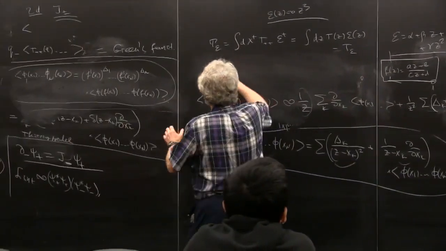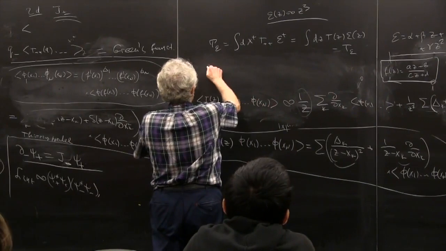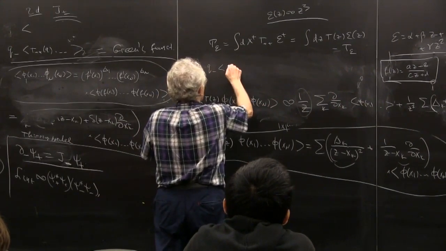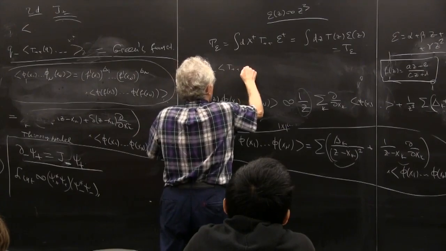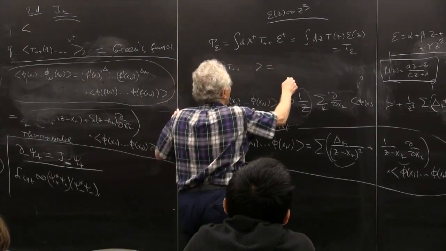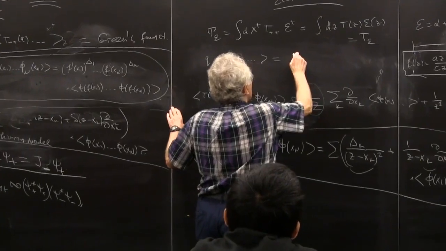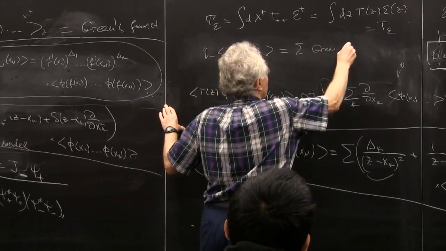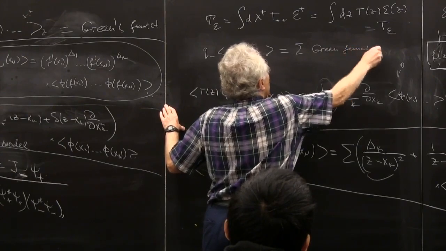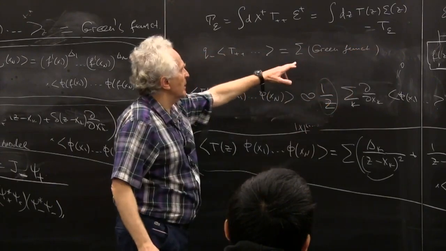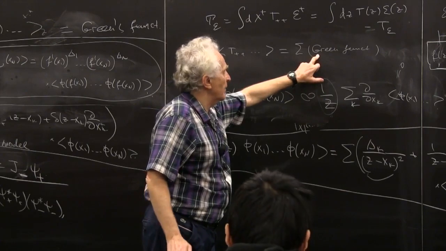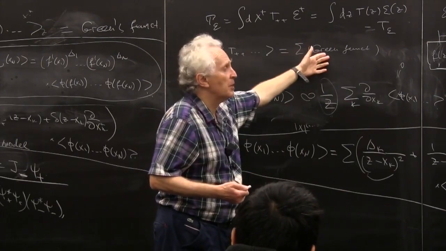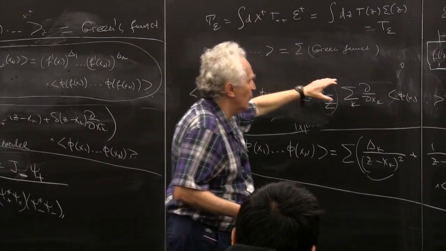The structure was you have Q minus, or maybe Q plus, Q minus T plus plus stuff, and this is equal to the sum of Green functions. This combination was just the transformation of how the Green functions transform.